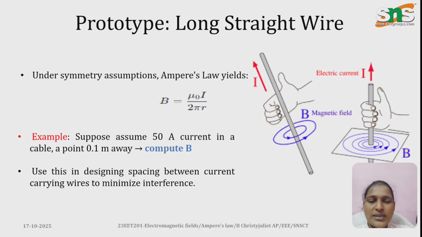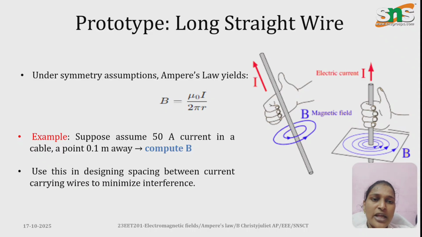Suppose we are considering a long straight wire, wherein 50 amps of current is flowing, at a point 0.1 meter away. Now, for this case, the formula will be B is equal to mu naught I by 2 pi r. So we know the current value, which is 50, and we know how far away from the cable we are, which is r equal to 0.1 meter.